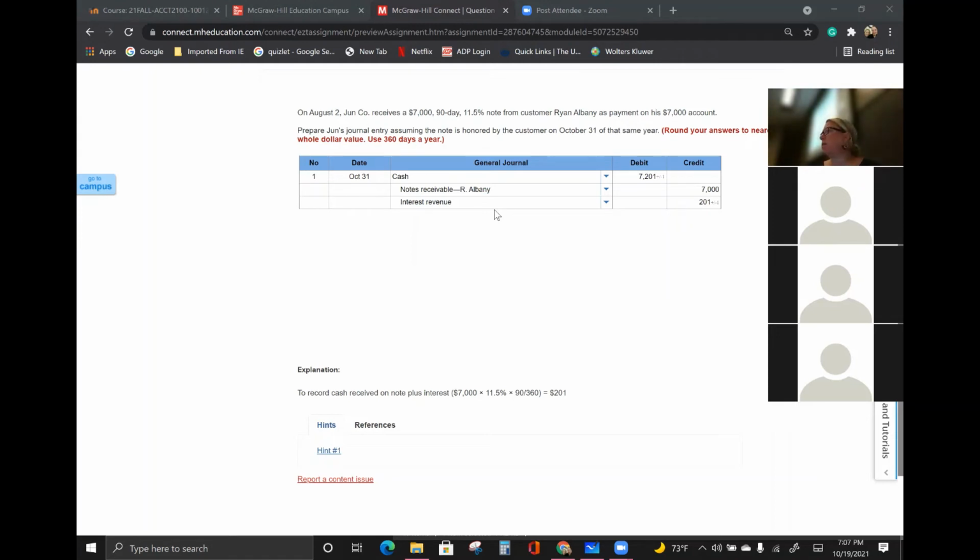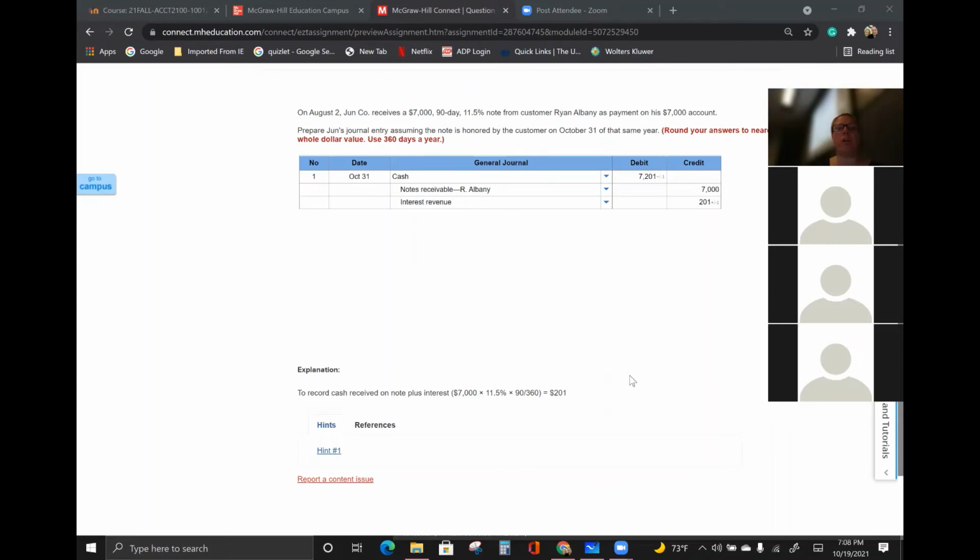In order to calculate the interest, I take the $7,000 times the percent, which is 11.5%. That amount gives me my yearly interest. I want to divide it by the 360 to come up with a daily number. And then how many days is the loan? 90 days. So I'll multiply it by 90. Does that make sense? Yes, that makes sense. Okay.